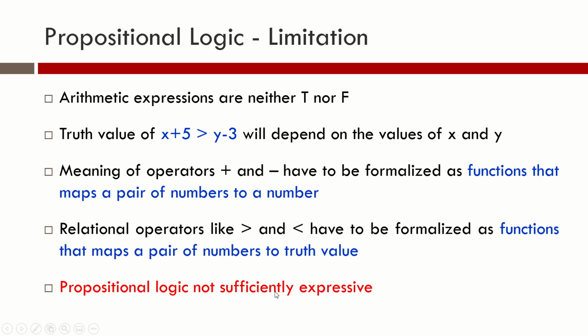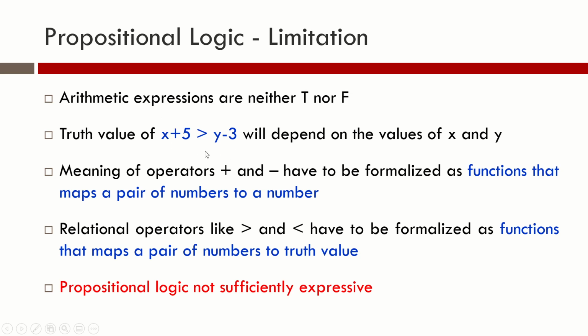In propositional logic, we cannot actually express arithmetic expressions. Arithmetic expressions have neither the truth value true nor false. Suppose we have an arithmetic expression, say x plus 5 greater than y minus 3. What will be the truth value of this statement?